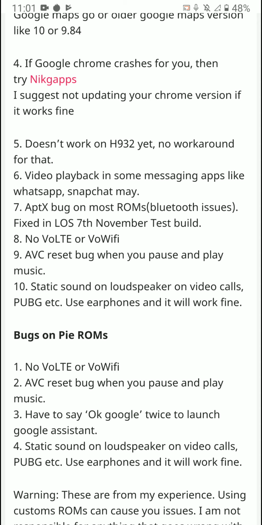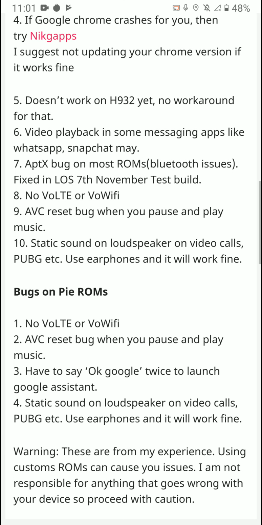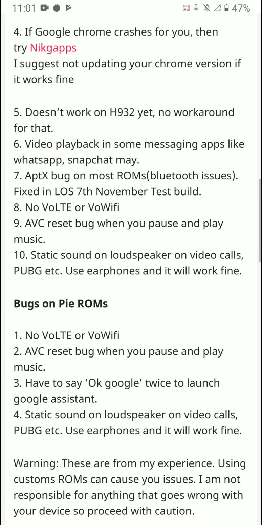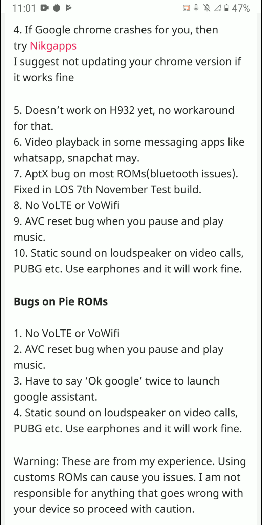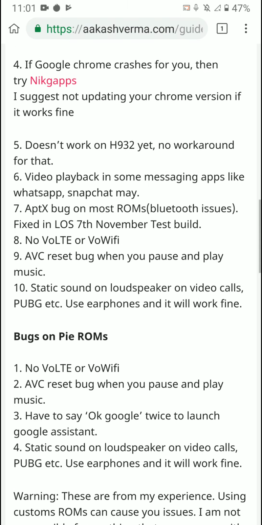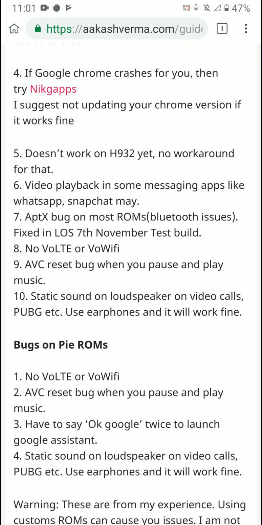And Google Chrome may crash for you. You can try a few things. You can try NikGapps. And if a particular version of Chrome is working fine, I would recommend that you don't update it and let it work, because there's some kind of a weird issue there. And you can even try changing the WebView for your phone.